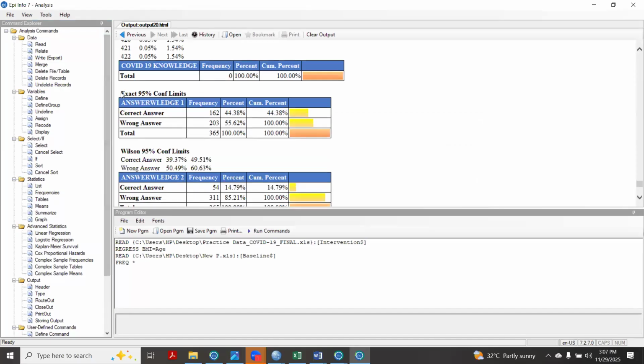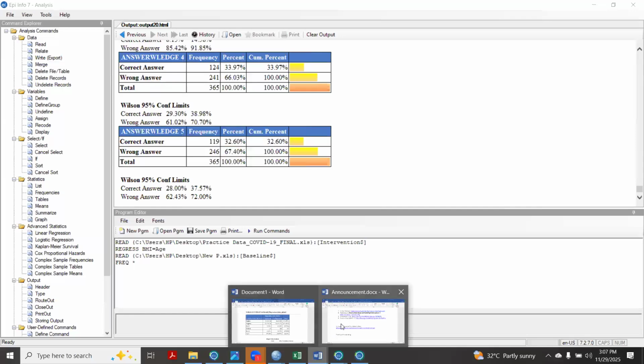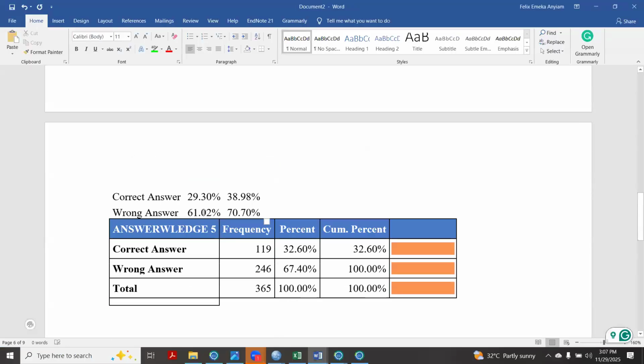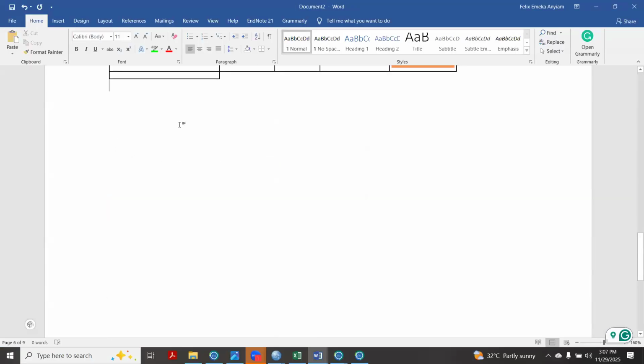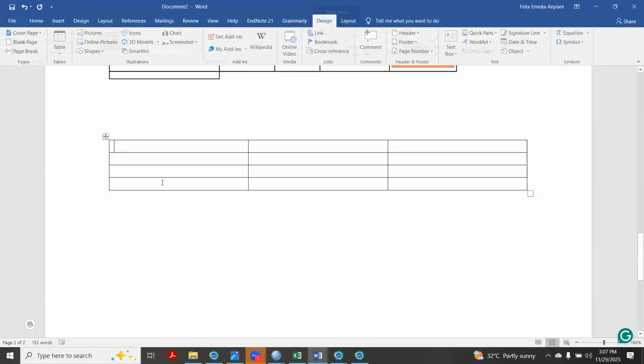So let me copy all this now. So this is what you do. Let me get a blank sheet now. You have all of them. So you have your table now. Okay.